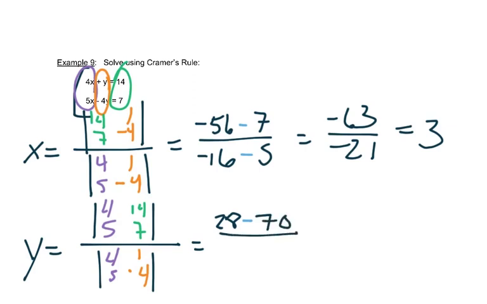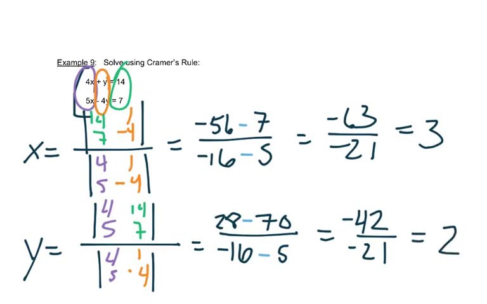On the bottom we'd have 4 times negative 4 is negative 16, minus 5 times 1 is 5. 28 minus 70 on the top gives us negative 42. Negative 16 minus 5 is negative 21. If you take negative 42 divided by negative 21, you get 2. So our answer is 3, 2.